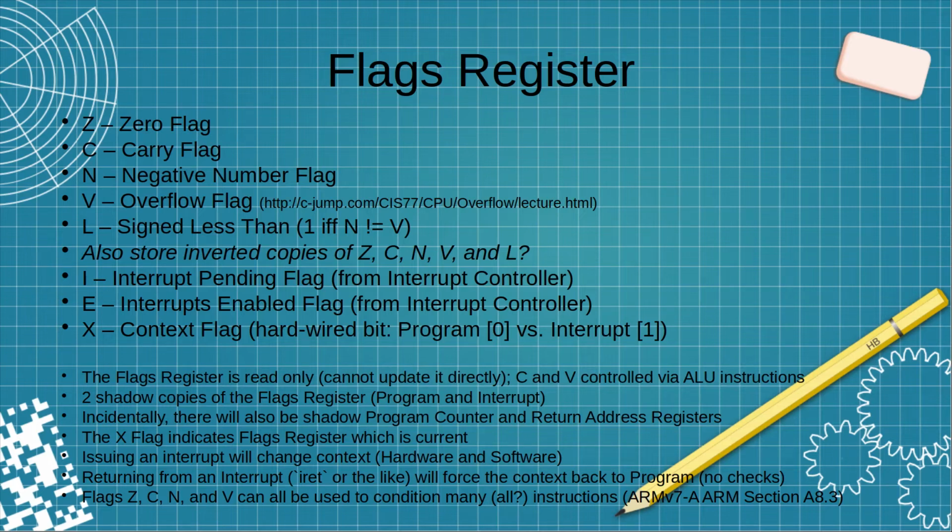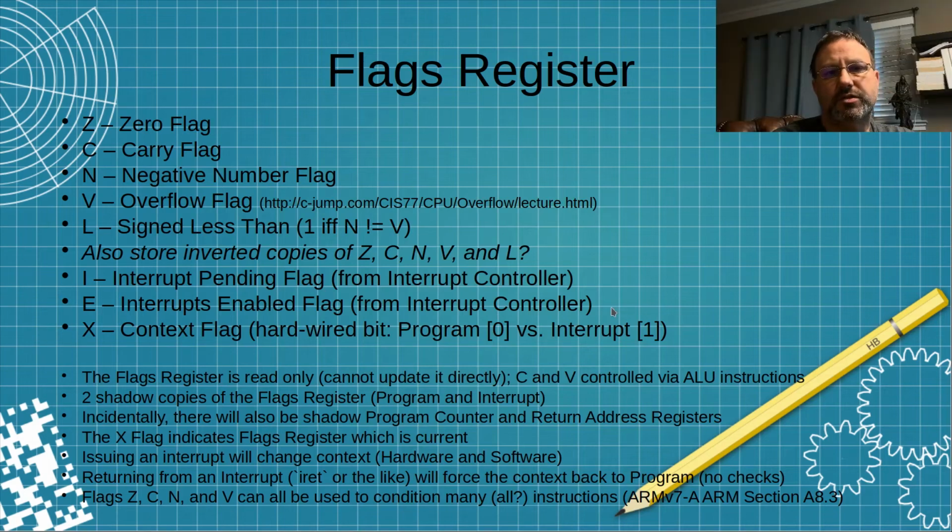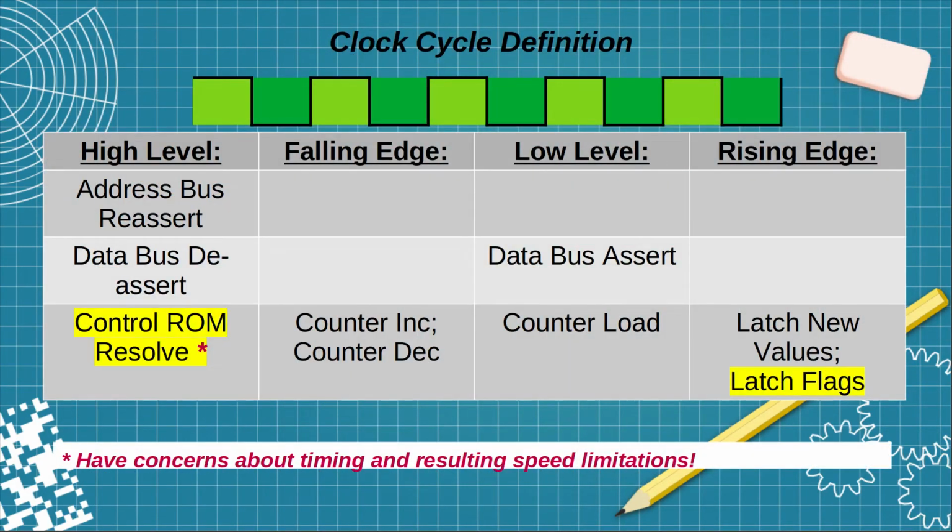It's not going to do any checking. If you do an interrupt return from an application context or program context, using those terms interchangeably, it's not going to do any checking. It's basically going to set the context back to the application context and therefore use those registers.